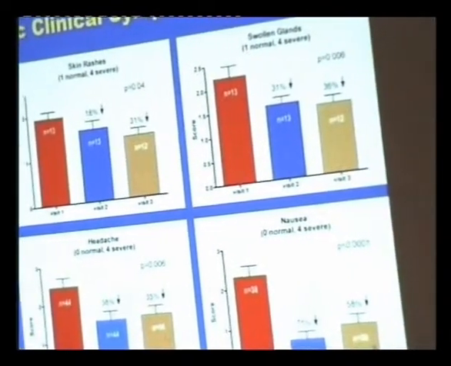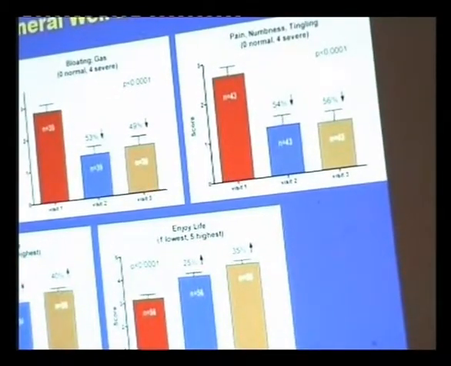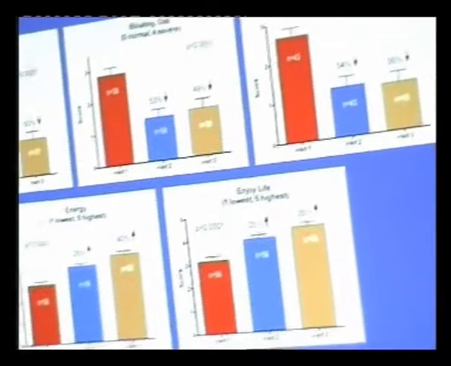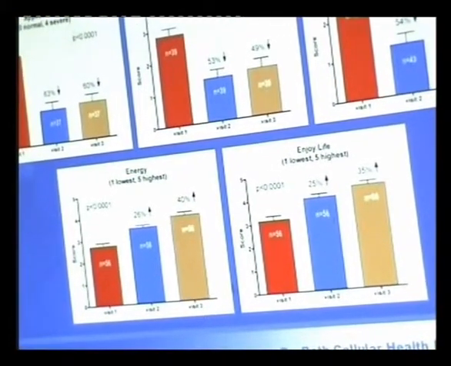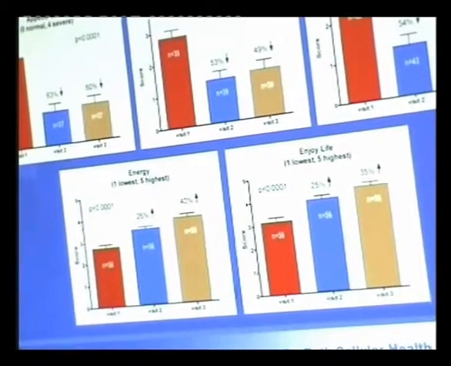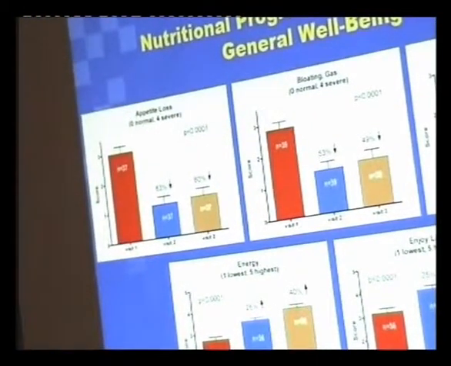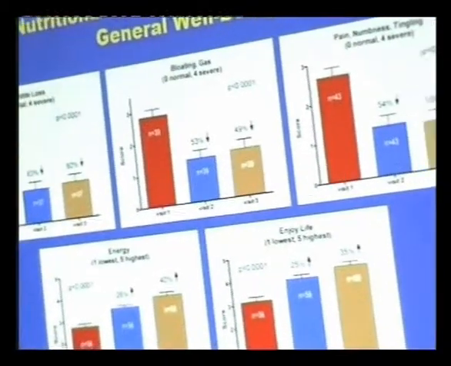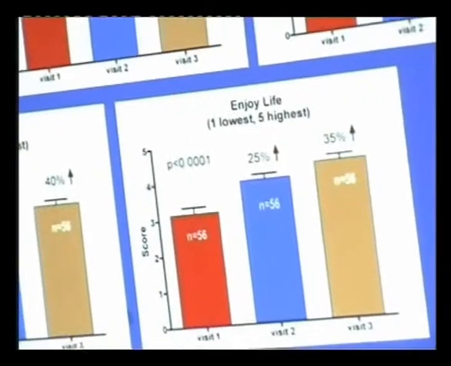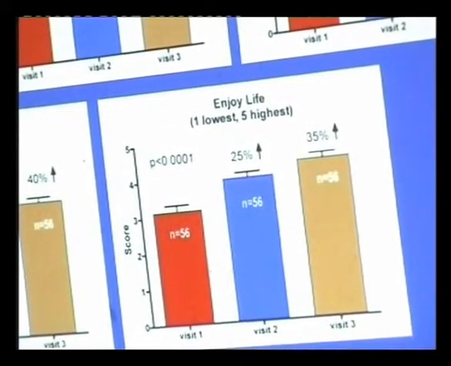And finally, we also looked at other symptoms. These are symptoms of well-being and quality of life. Improvement in appetite, loss was down, production of gas and bloating down, pain at the extremities, tingling and numbness, something that is linked to what is called neuropathy, also down.